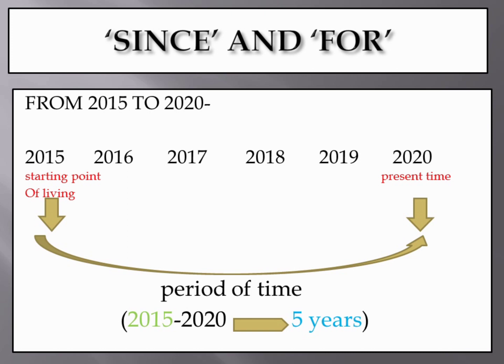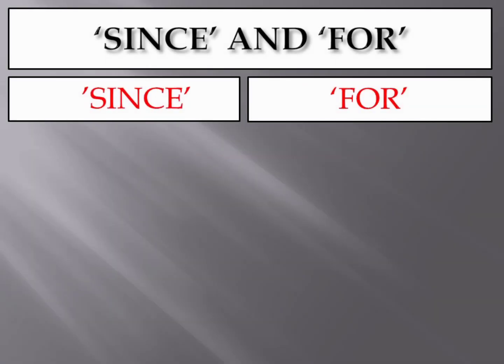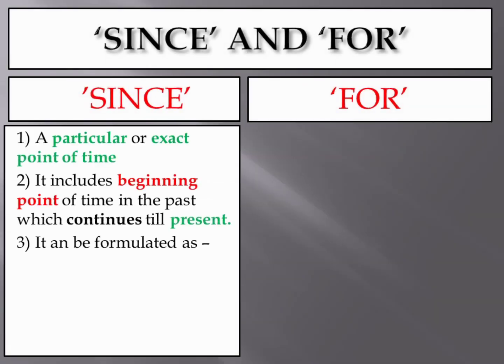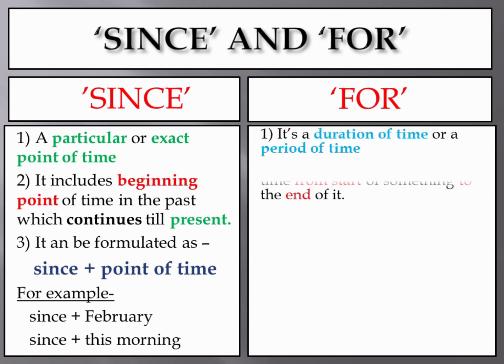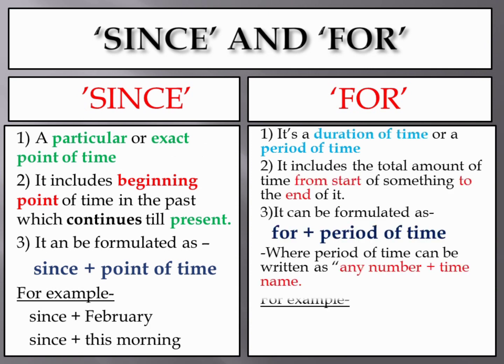Now let's have a look at the differences between since and for. Since is a particular or exact point of time, as we have already seen in the previous example. And for is a duration of time or a period of time.